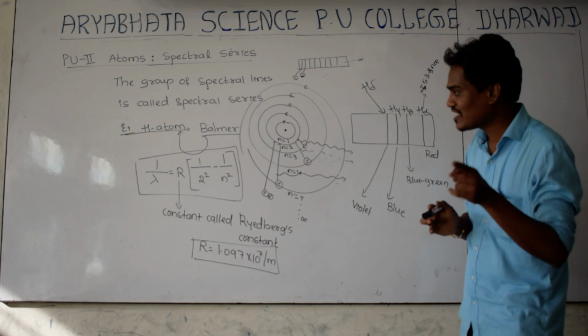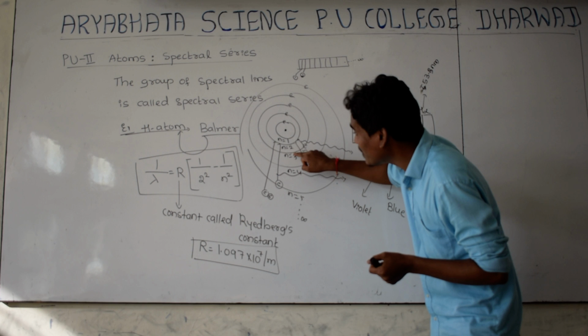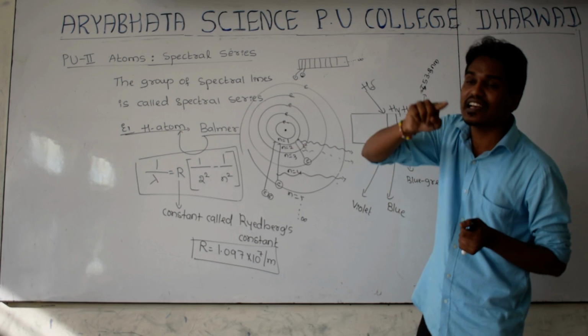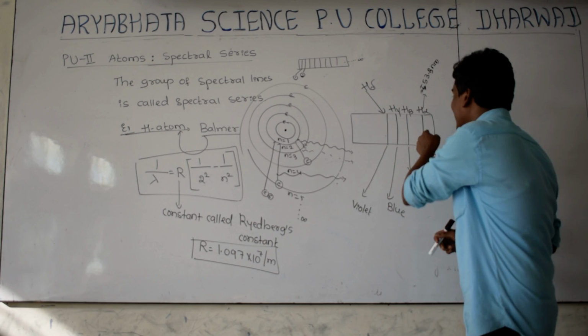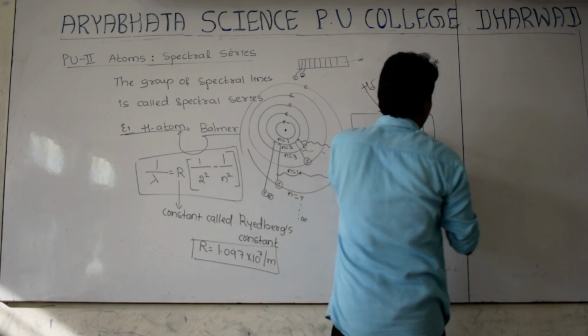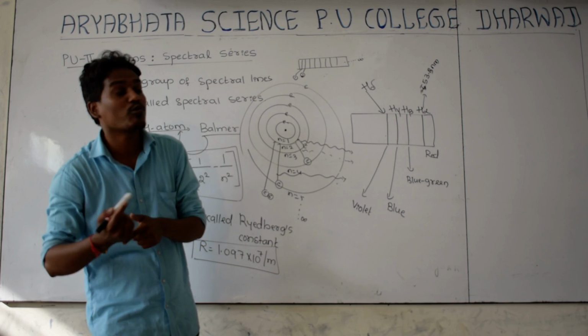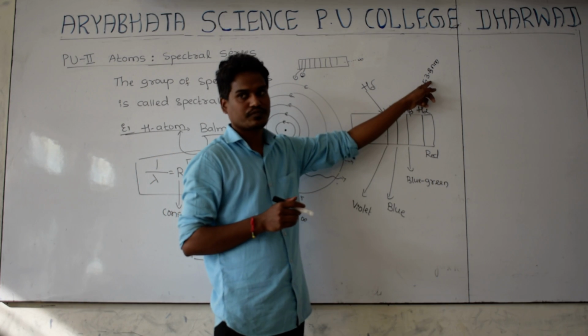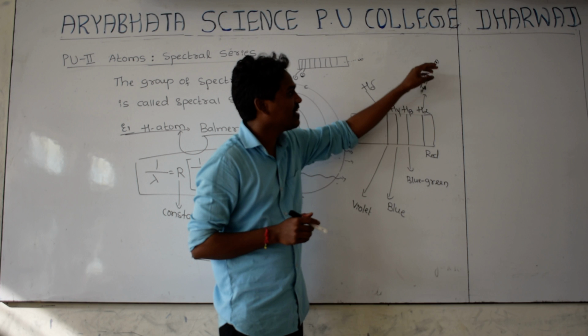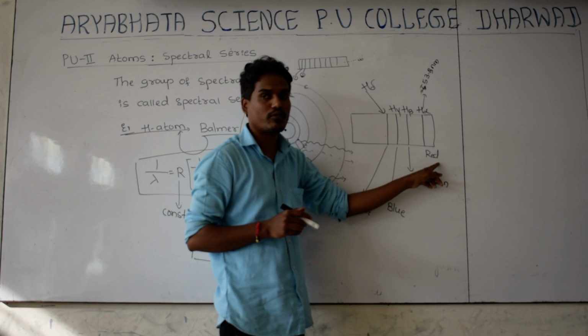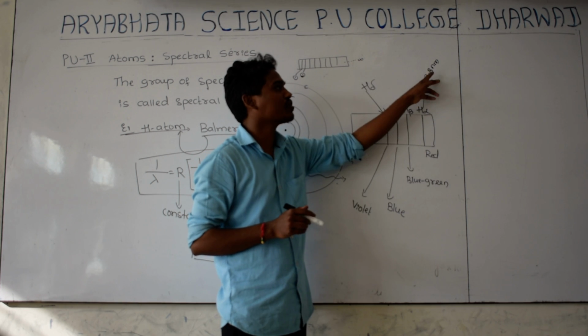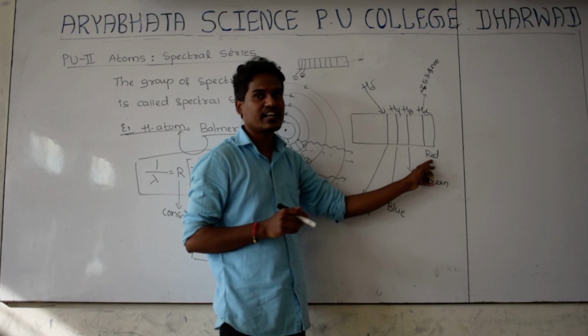Whenever the electron is jumping from the third orbit to the second orbit, it releases energy, and you get the line on the screen. By using this formula, he found out the wavelength. He got this much, and this is approximately the wavelength of red light.